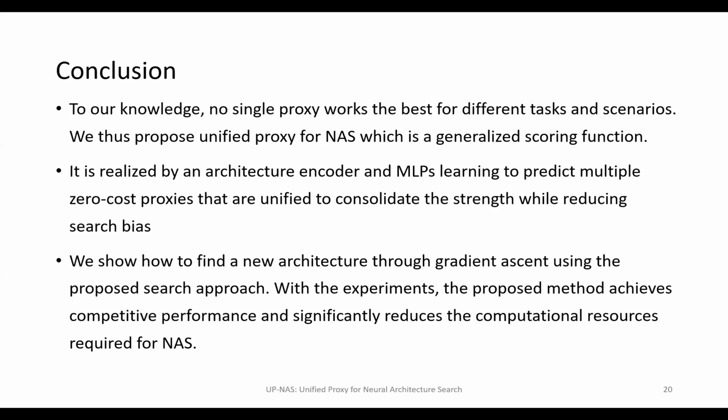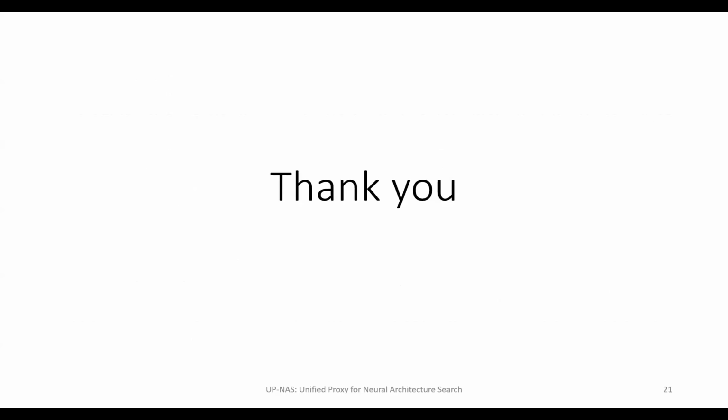We also show how to find new architectures through gradient ascent. In the experiments, the method achieves competitive performance and significantly reduces the computational resources required. So that's our UpNAS work. Thank you for listening.